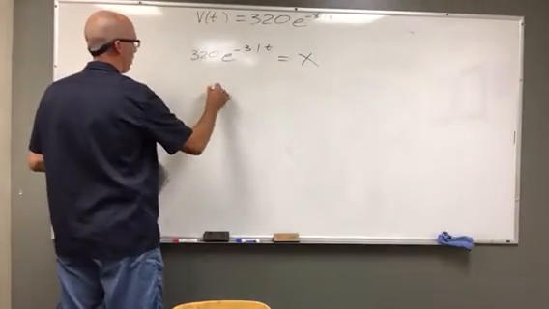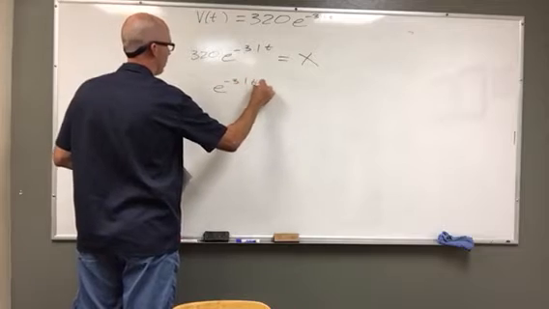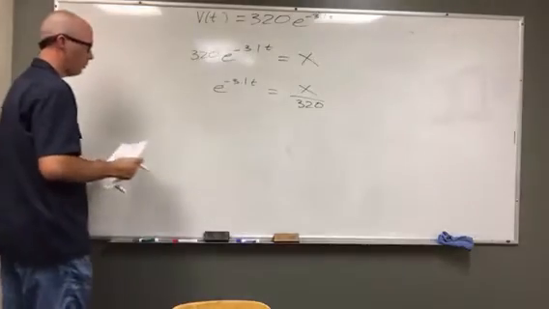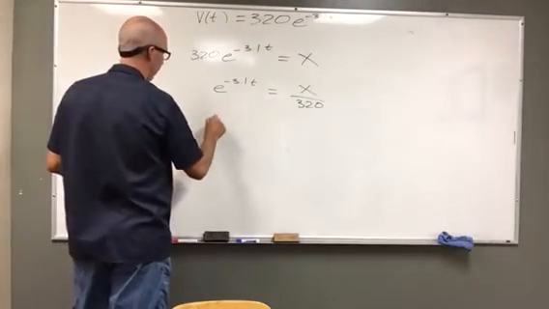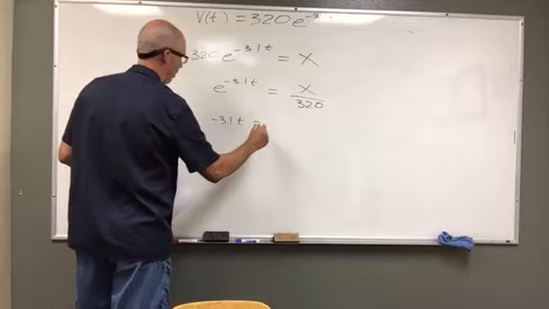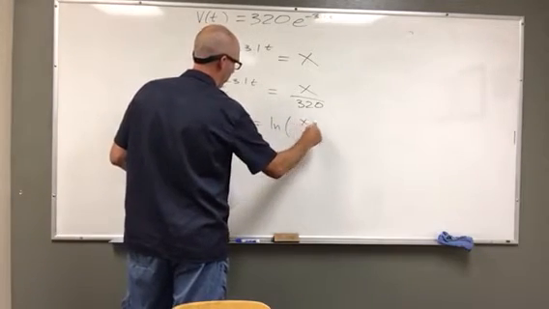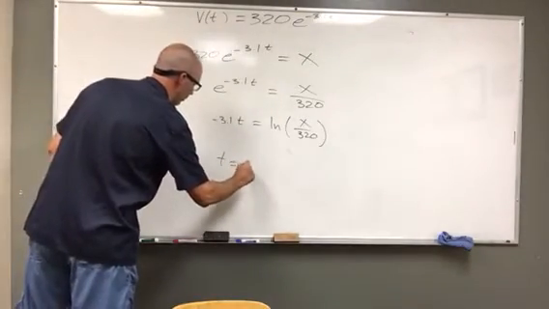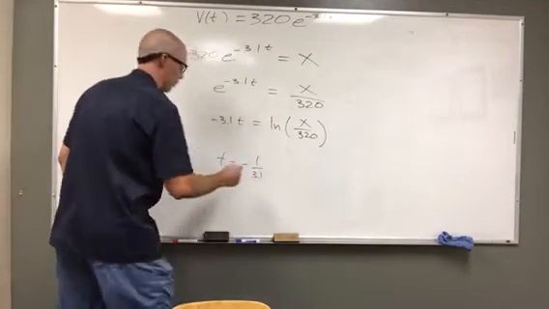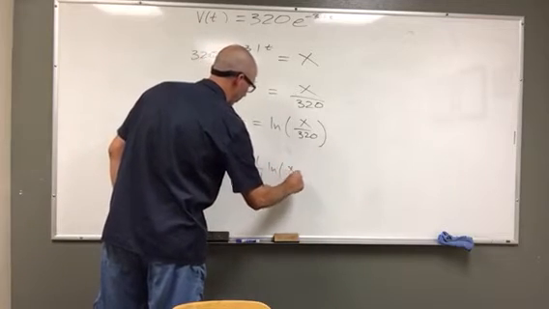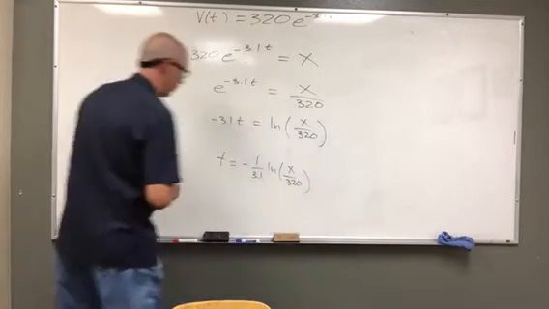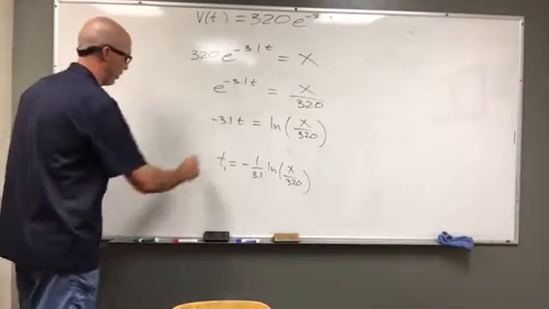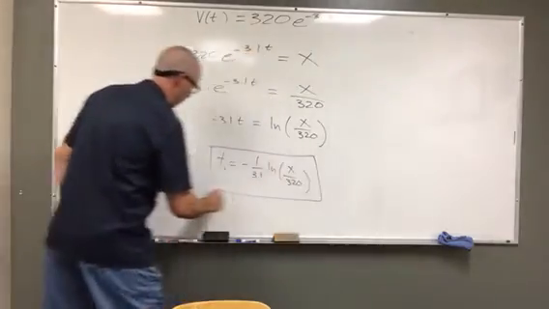All right, dividing by 320, we have e to the negative 3.1 t equals x over 320. Taking the natural log of both sides, right, this is the first time. First time, so we'll label that T1.